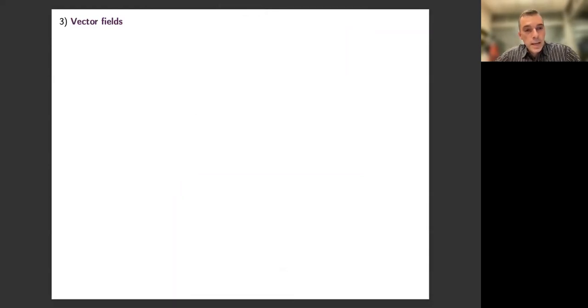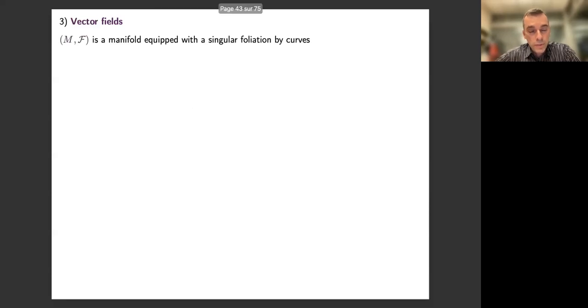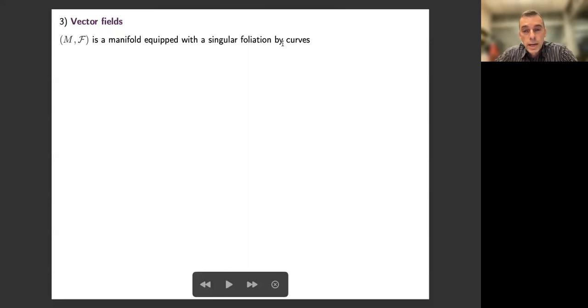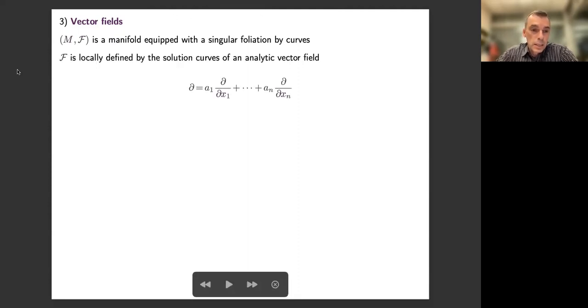So now I give a third example, which is the case where you also have a foliated manifold, but now the foliation is given by curves, right? So the generic leaves are of dimension 1 instead of codimension 1. And this foliation is locally defined by the solution curves of some analytic vector field like this, right?